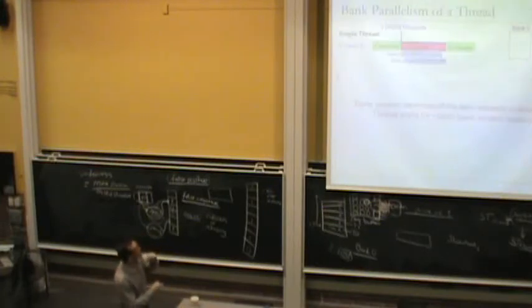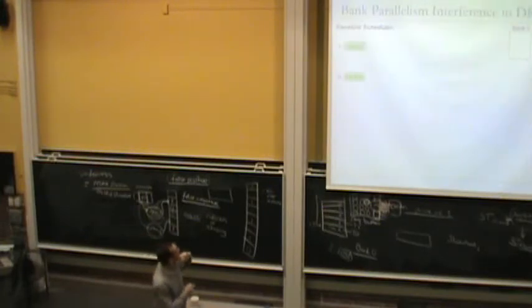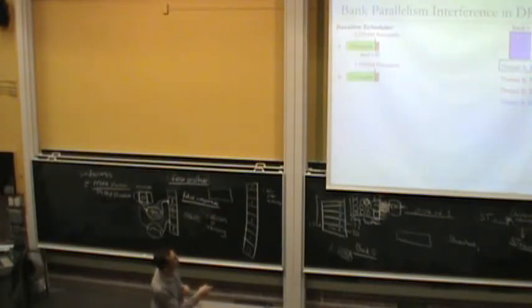Okay, so what happens if you put two of these threads together? Let's say thread A and thread B. They both do the same thing, for the sake of the example. They both generate two DRAM requests at the same time, and these requests get sent to the memory controller in this order. And the memory controller, let's say it takes thread A's request to bank 0 first, starts servicing it. In the next cycle, it takes thread B's request to bank 1 and starts servicing it.